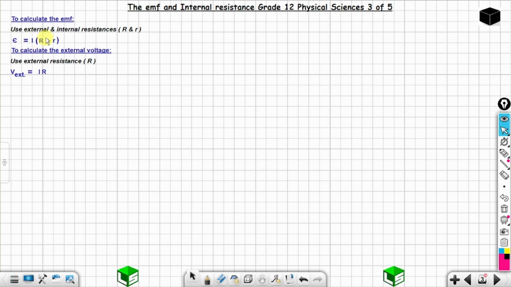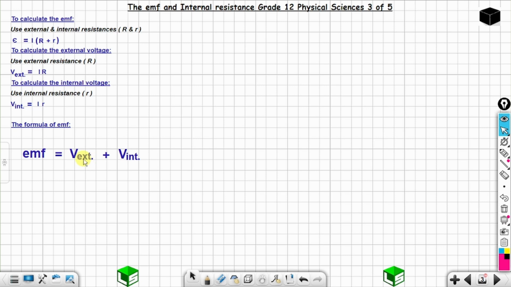Now, to calculate internal voltage, inside of the battery, you are going to use the internal resistance, lowercase r. For internal voltage, you have current times lowercase r, inside of the battery. Now, the formula of EMF. This is the formula as we saw previously.